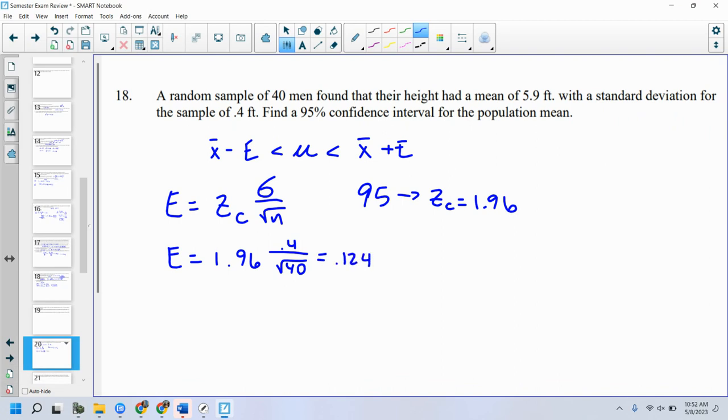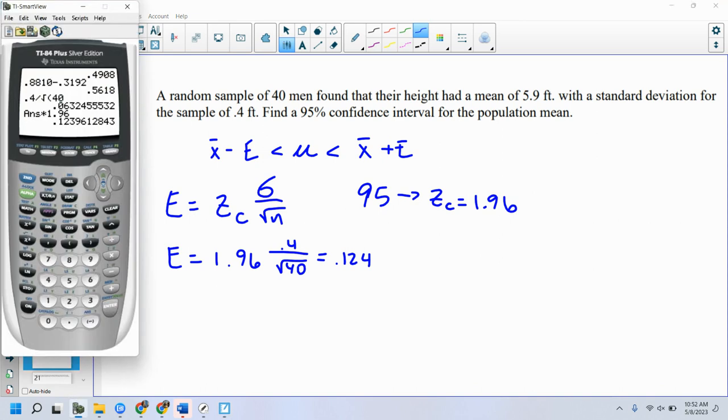Okay, so now I add and subtract my error margin from x bar. Sample mean of 5.9. So I'm going to take 5.9 minus 0.124 and 5.9 plus 0.124.